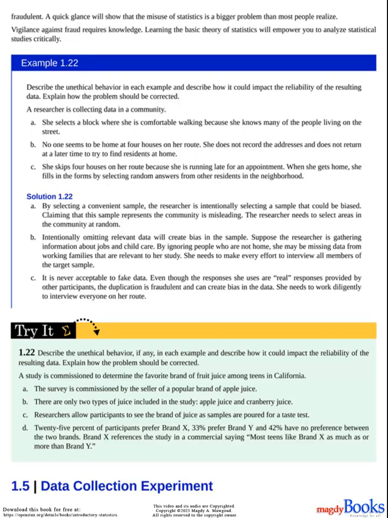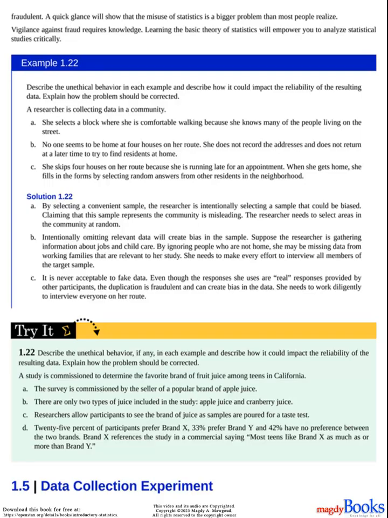Try it 1.22. Describe the unethical behavior, if any, in each example and describe how it could impact the reliability of the resulting data. Explain how the problem should be corrected. A study is commissioned to determine the favorite brand of fruit juice among teens in California. A. The survey is commissioned by the seller of a popular brand of apple juice.